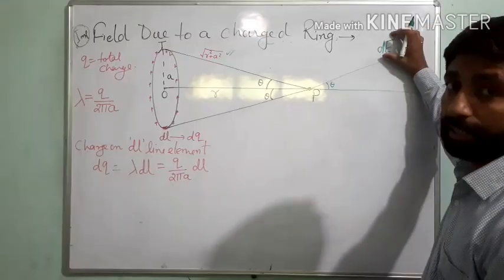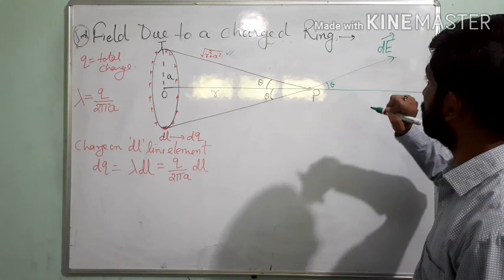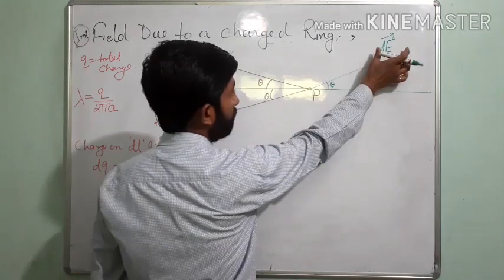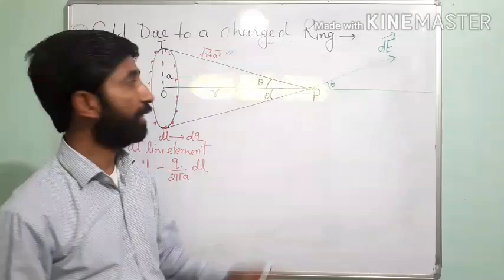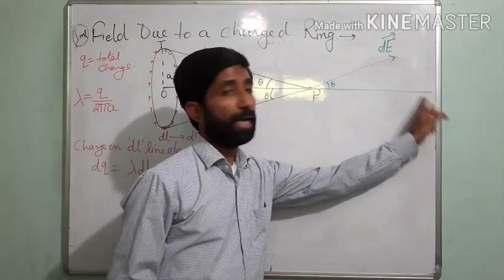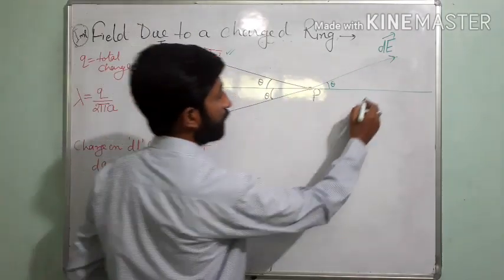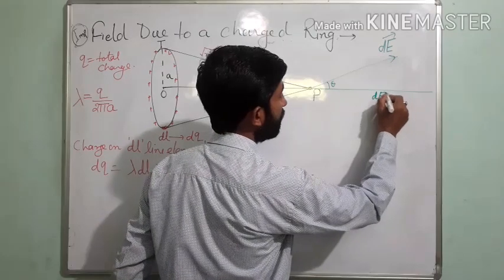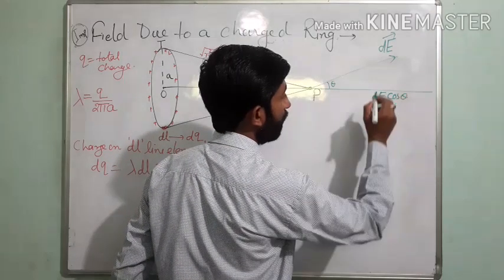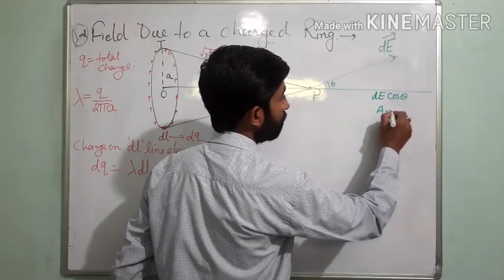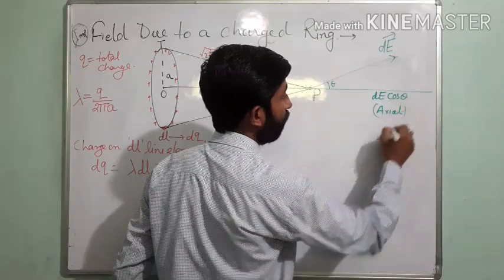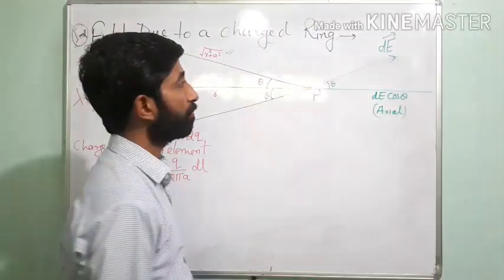Now this dE, which is a vector quantity, will have one component along the axis of the ring, that is given by dE cos theta, and that is called the axial component or horizontal component.